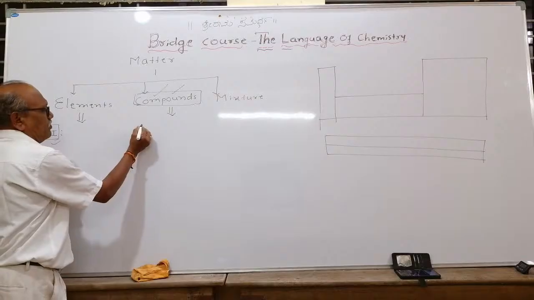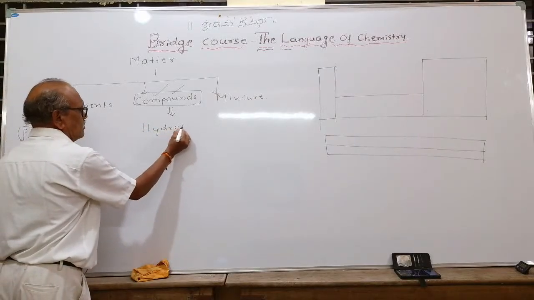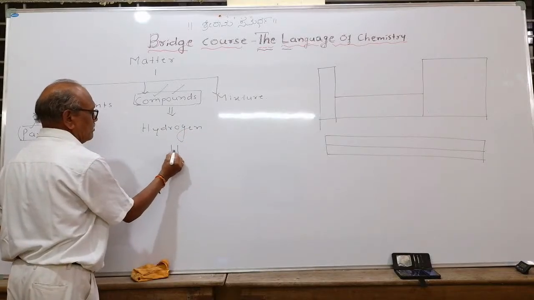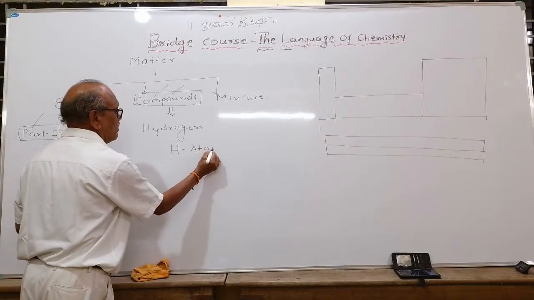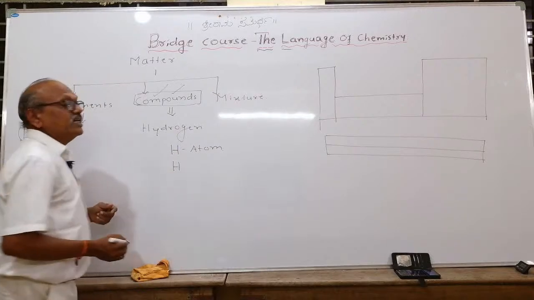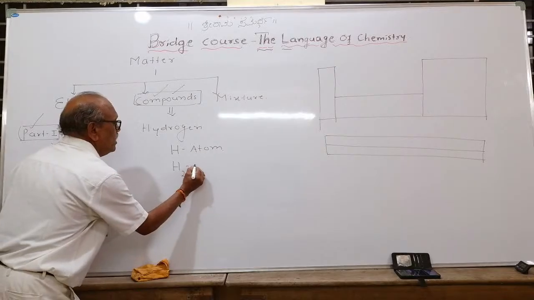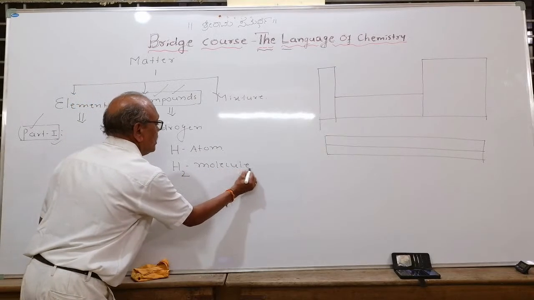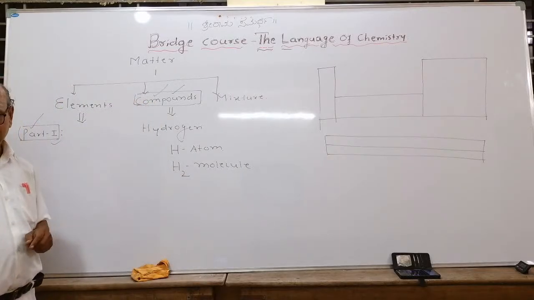For example, if you take hydrogen, what is the symbol of hydrogen? H. This represents what? Atom of an element. If you take atom of an element, it is represented as H. Generally, H does not exist in nature. It exists in the form of H2. It is called a molecule of a substance. Now the question is, what is the difference between atom and molecule?